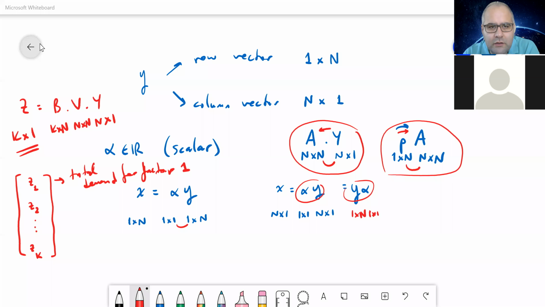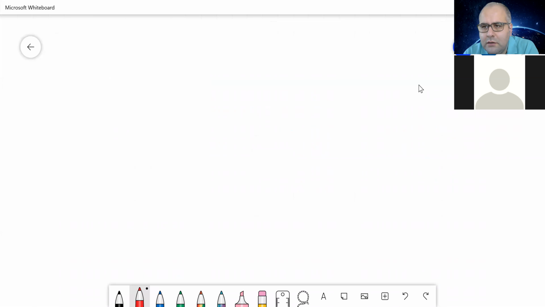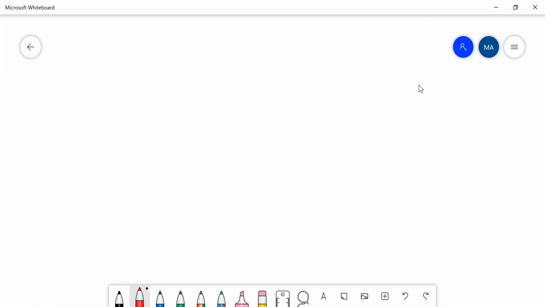Let me share my screen now, with an empty page. Okay. So this is optimal control theory. And the idea is this.